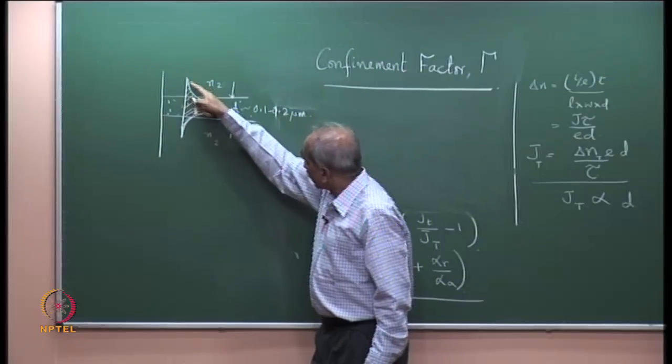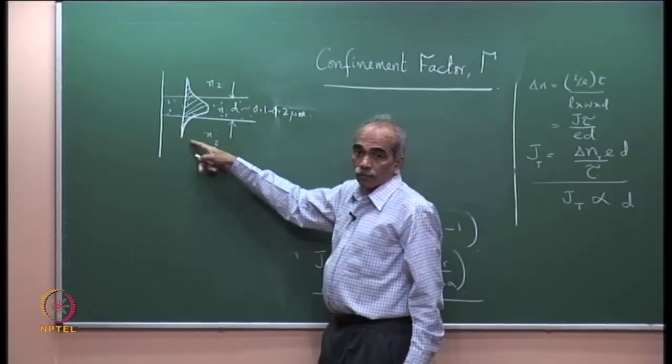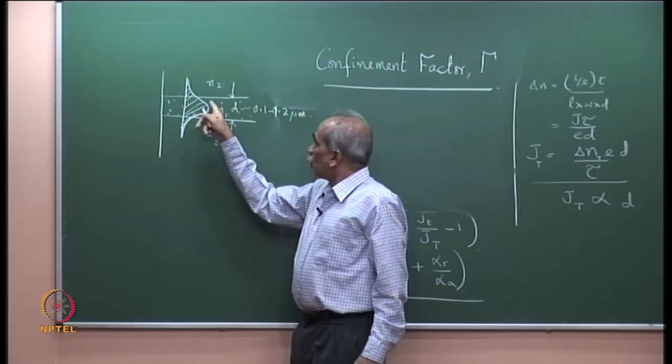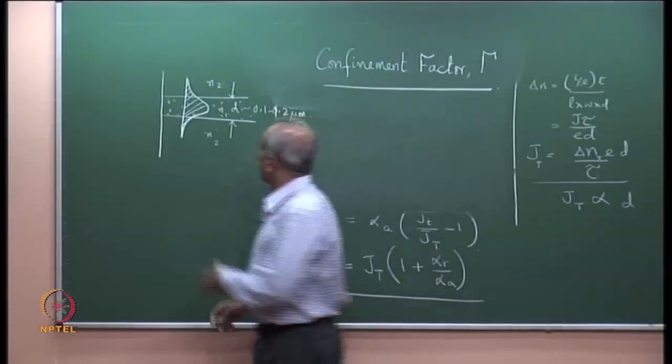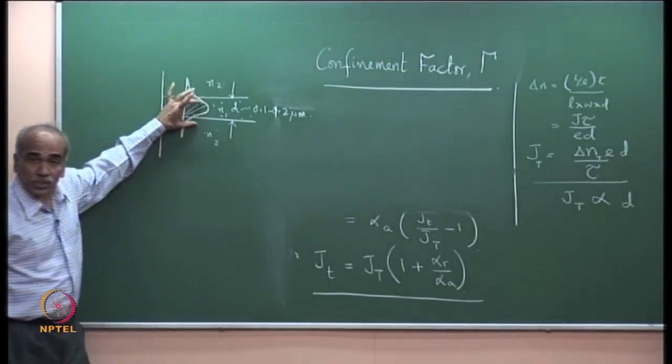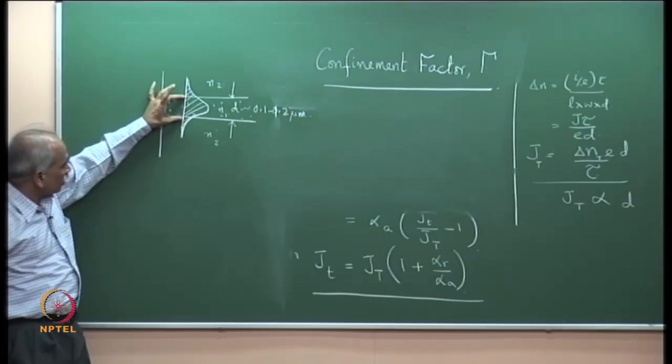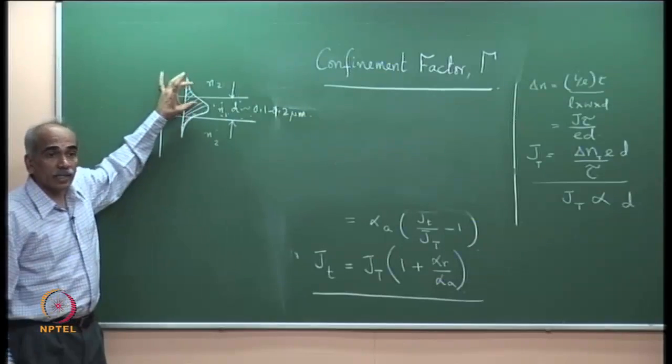Entire mode means the entire field distribution, but the gain is coming only from the active region, and therefore the cavity gain is a fraction, since only a fraction of the mode is experiencing the gain.